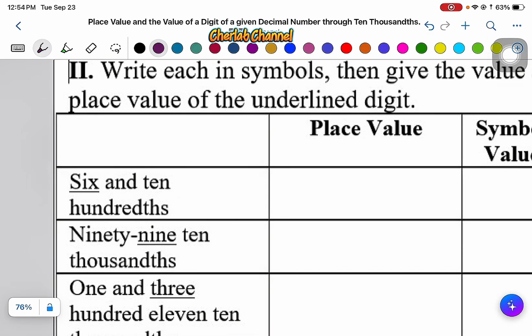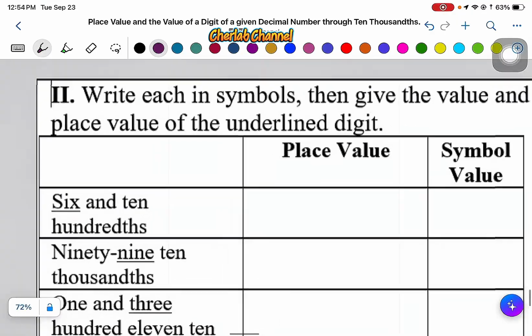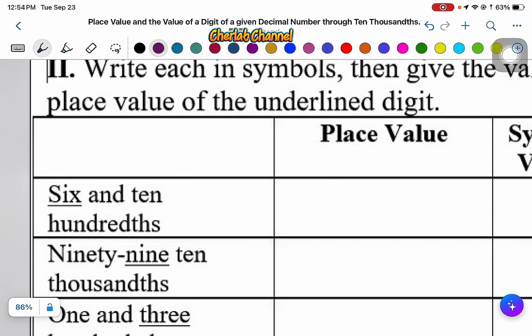Let's try to write each in symbols, then give the values and place value of the underlined digit. So let's first identify the place value of the underlined digit. It's 6. So kapag sinulat natin siya, that would be 6. And then si decimal point is and 10 hundredths. So in symbols, that would be 6.10.